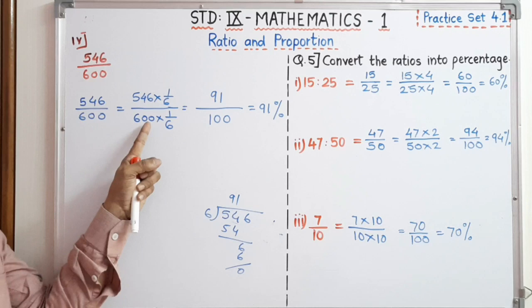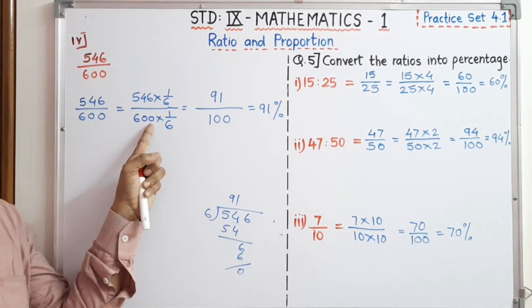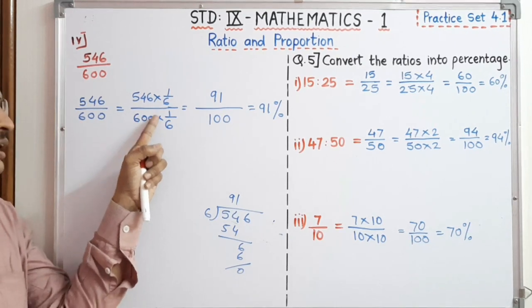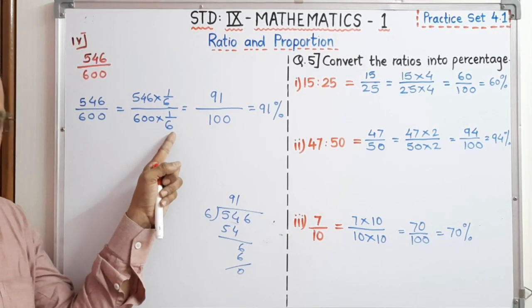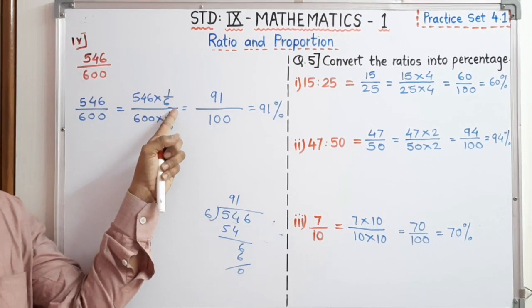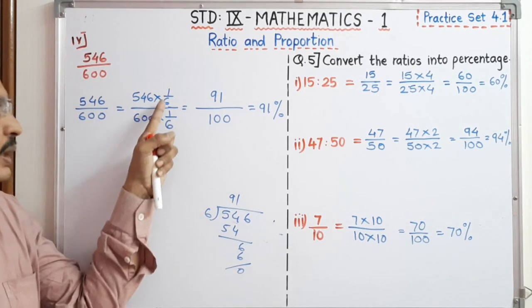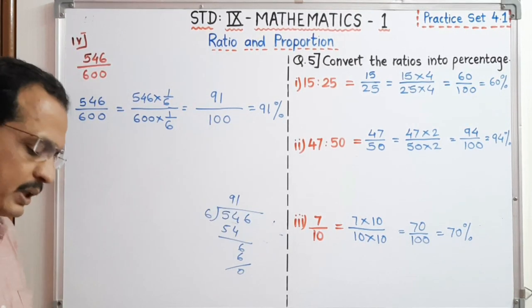Got it? Remember this. 600 into 1 upon 6, we get here 100. That means for getting 100, we multiply with 1 upon 6 or divide by 6. Same way 546 is multiplied with 1 upon 6, or divided by 6. We get here 91 upon 100, it is 91%.